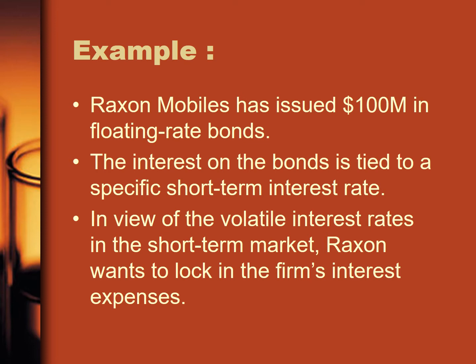In view of the volatile interest rate in the short-term market, Rexon wants to lock in the firm's interest expense. What it means actually is that the company wants to have a more stable and consistent interest rate rather than having a volatile interest rate in the short-term market.